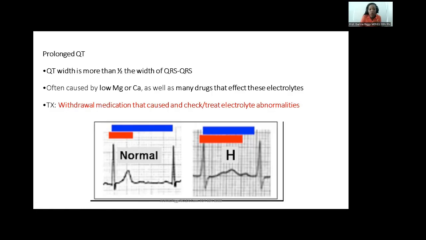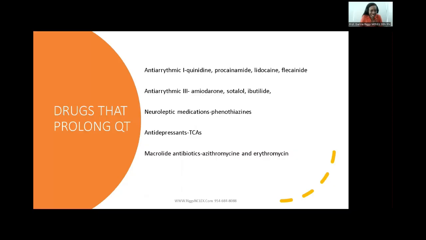So often it's your hypoparathyroid clients, right? Because their calciums are low, and when we put an EKG on them, that's what we're seeing. If it's a medication that's doing it, then they need to get off that drug, right? And they need those electrolytes corrected. So some classes of drugs cause this.